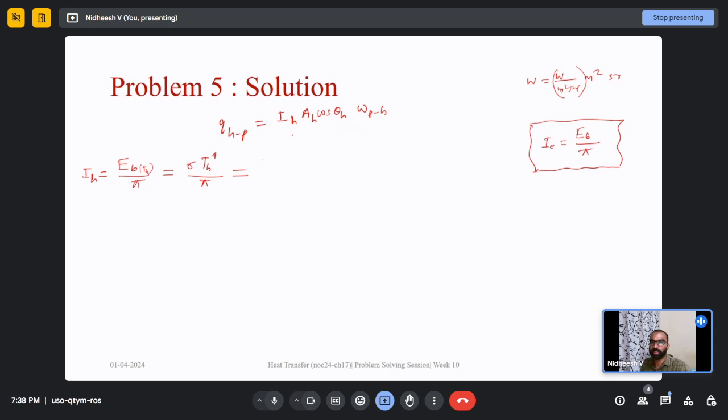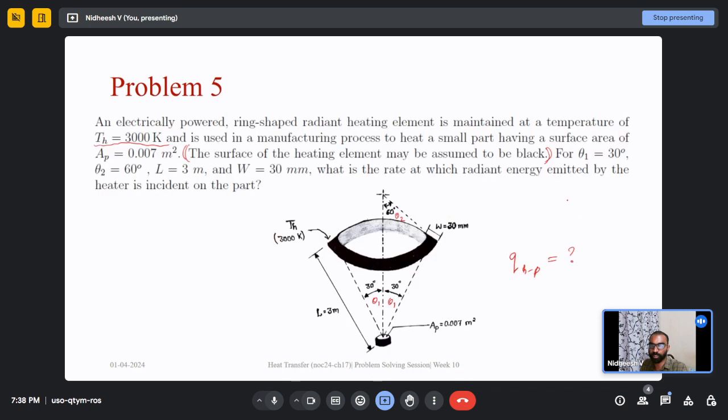We were including the denominator area when we were saying GHP, irradiation. For irradiation, it is heat transfer rate divided by area. But here we are not interested in irradiation. We are directly interested in the numerator part, the heat transfer rate, because that is what is being asked in the question: the rate at which radiant energy emitted by the heater is incident on the part, that is QHP.